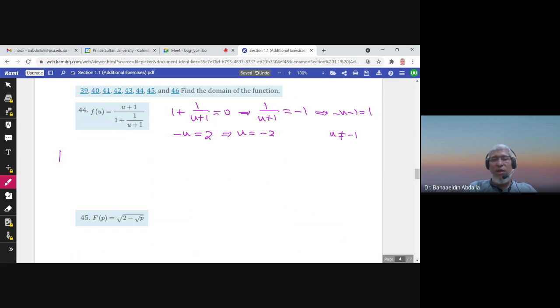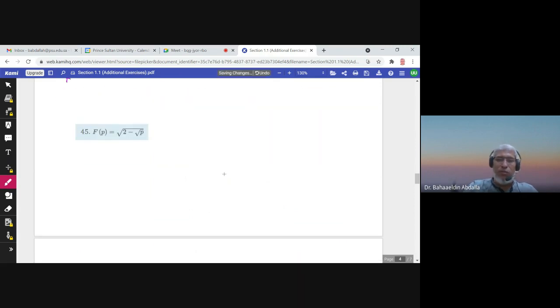So the domain of f consists of all real numbers except negative 2 and negative 1. If you want to write it in interval notation, you say from negative infinity to negative 2, union from negative 2 to negative 1, union from negative 1 to infinity.